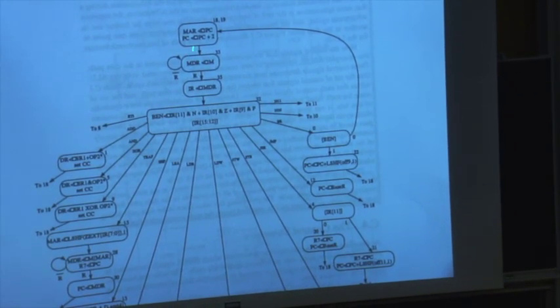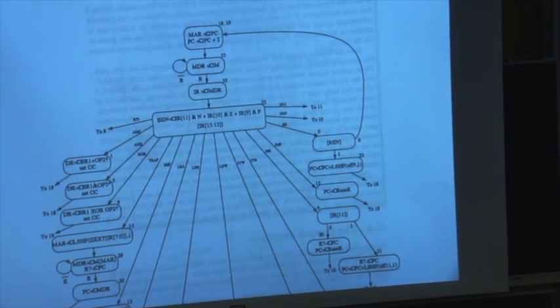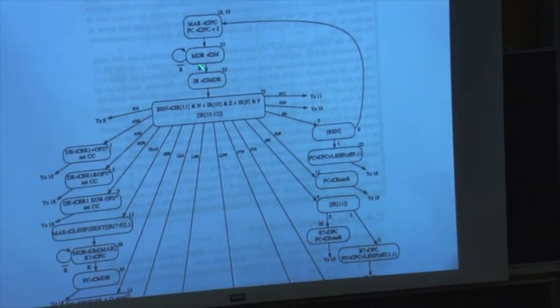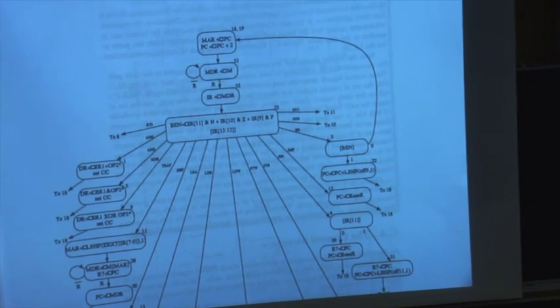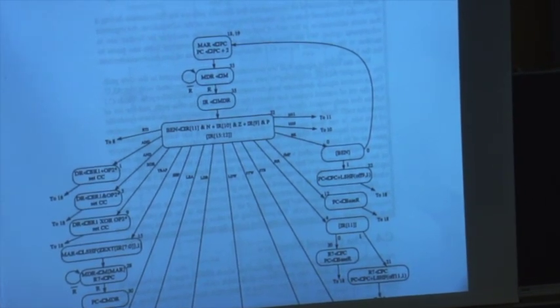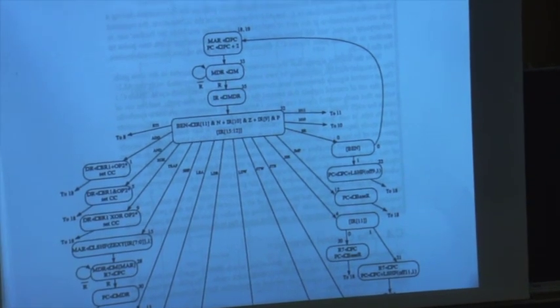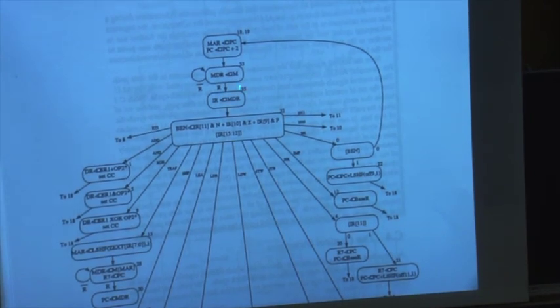During those 100 cycles, this machine will stay in this state, waiting for memory. So the control signals for the next state will be the same as the current state if that ready bit is not set. Right? Because remember, a state is defined by its control signals. Once that ready bit is set, then the control signals for the next state would be different, and the next state itself is different, 35. Okay?